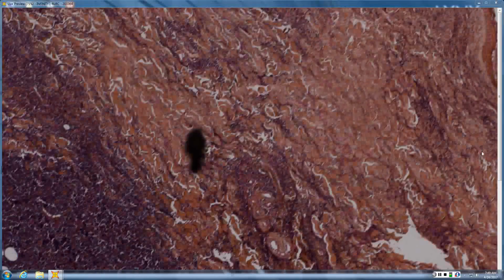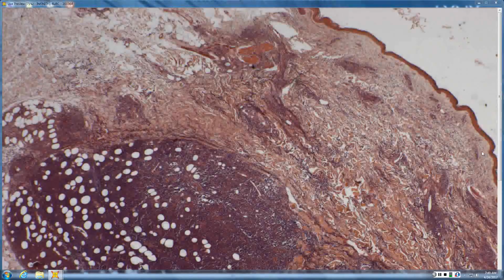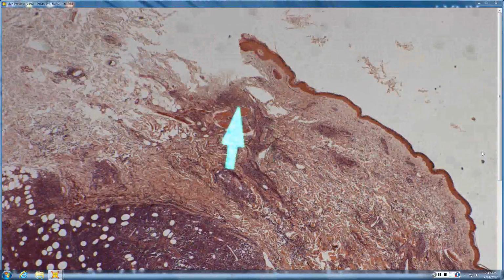The next thing you do is you look at your hair follicles and your blood vessels. So you see if you can find any follicles, not so much in this particular one. There's an erector pili, but the follicular epithelium certainly isn't prominent. And you look at your blood vessels.